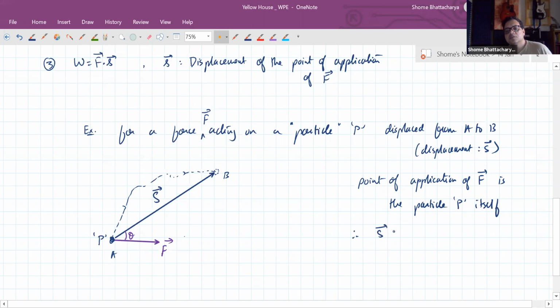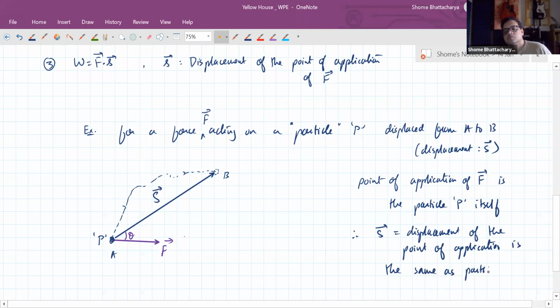Therefore, the displacement of the particle is the same thing as the displacement of the point of application. So in the case of a particle on which a force is being applied, the definition of S becomes very simple. It is just the displacement of the particle itself.